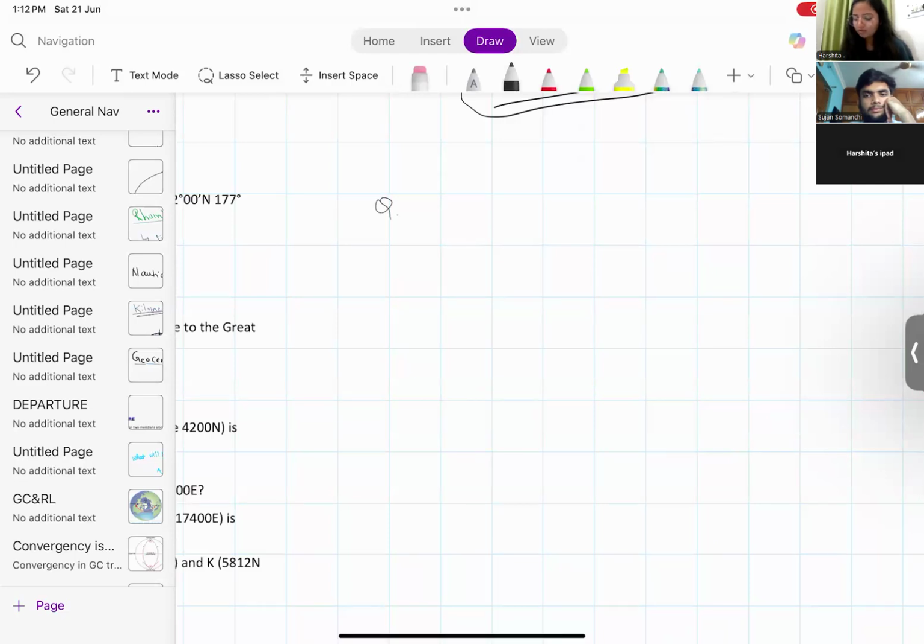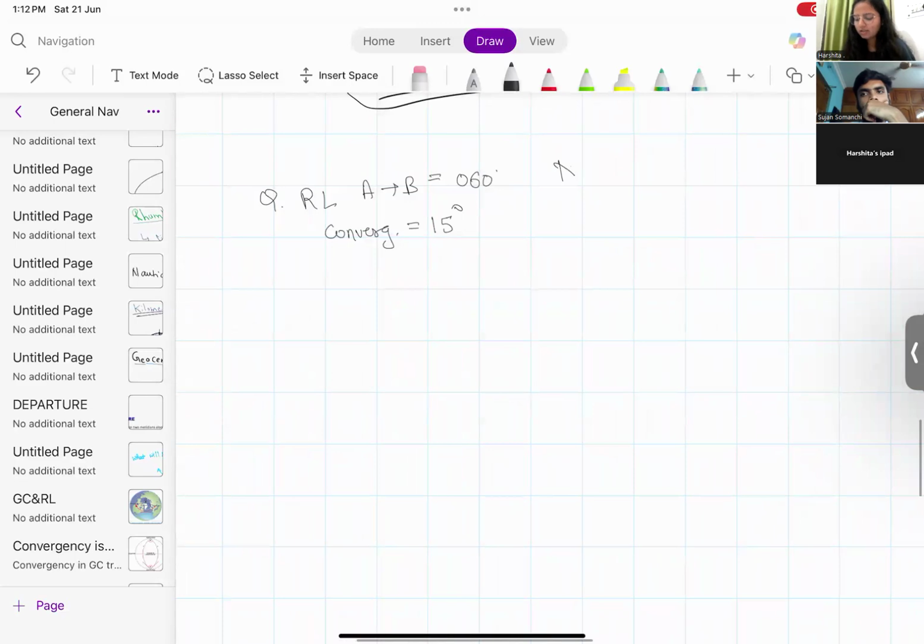Again, let me ask you: the rhumb line track from A to B is 060 degrees, and convergency is 15 degrees. You are in the northern hemisphere.